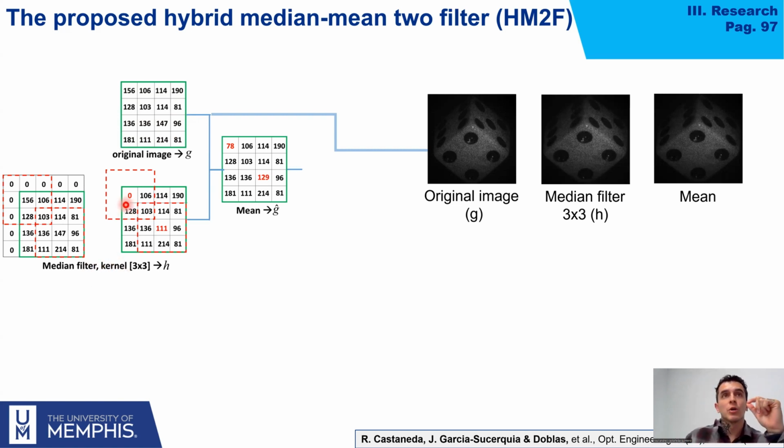Then the method computes the mean between the original image and the image obtained after applying the median filter with a kernel size of 3 by 3.